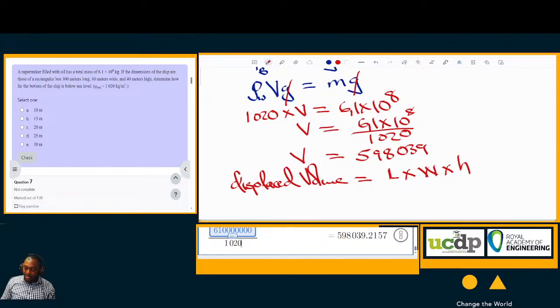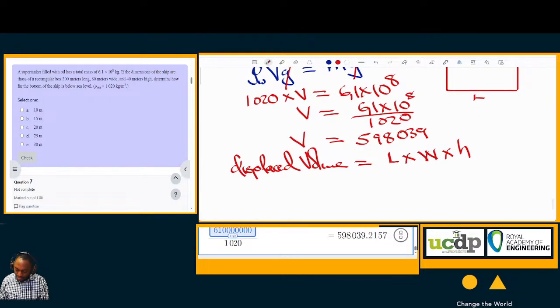The object that is displacing, in this case, we're told that it is rectangular in shape, right? But what we do not know is the height, the length, the width, and the height. Obviously that's 2D, you can't show the height.